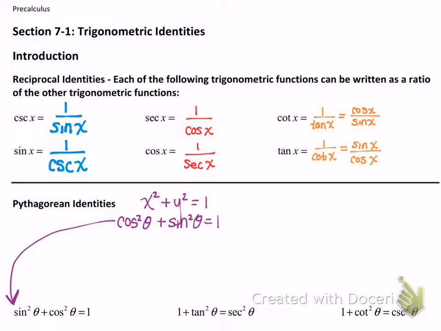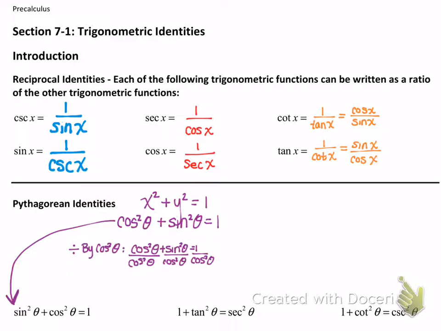Then if we were to divide by cosine squared of theta, we would get the original as stated above, and when I divide by cosine squared theta, I'm going to have another identity just by rearranging.